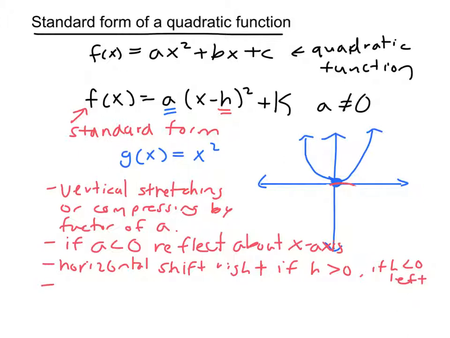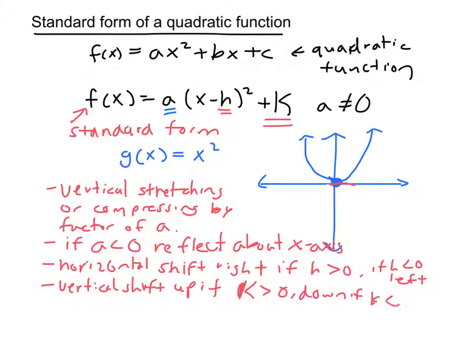And lastly, there is a vertical shift up if k is greater than 0, and down if k is less than 0.